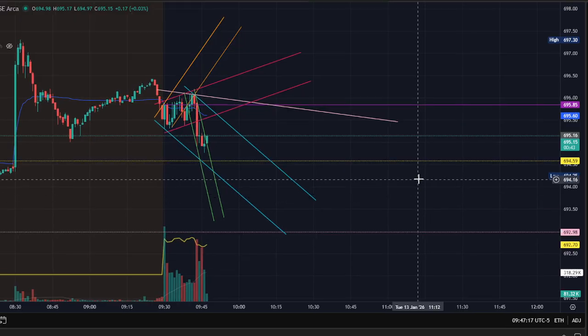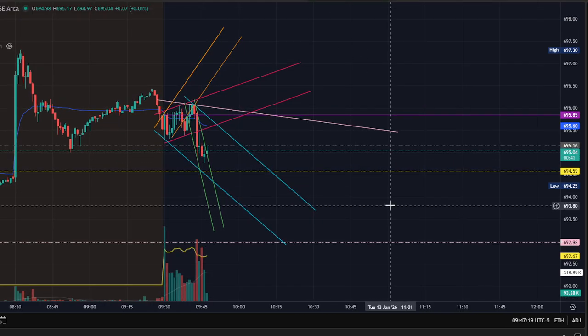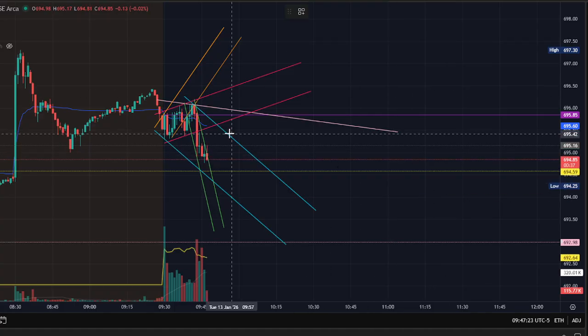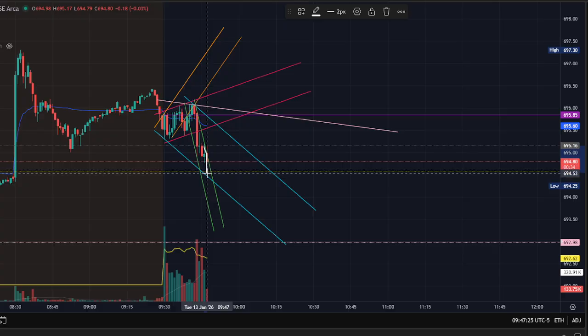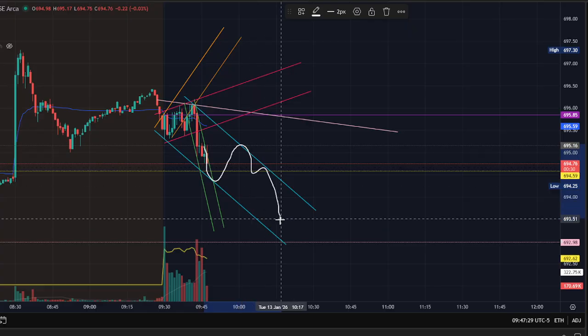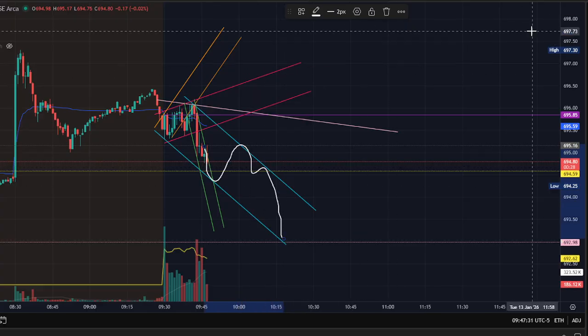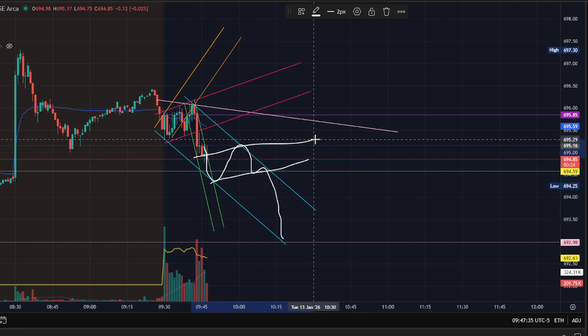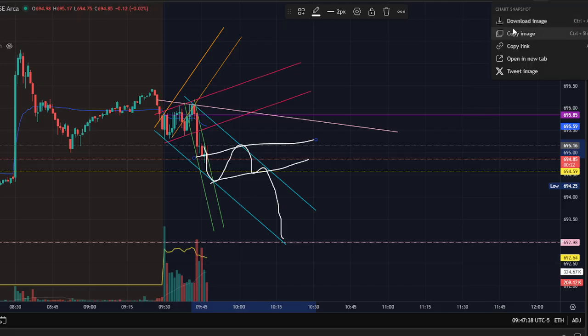For me, it's not ideal to take anything in such a tight range. I will wait. Instead, what I want to see, if we retest this level, maybe we'll get a continuation structure within the teal. Could see something like this, but really, you're looking for that magenta control again.